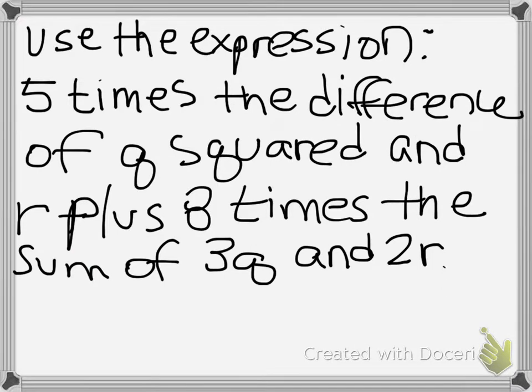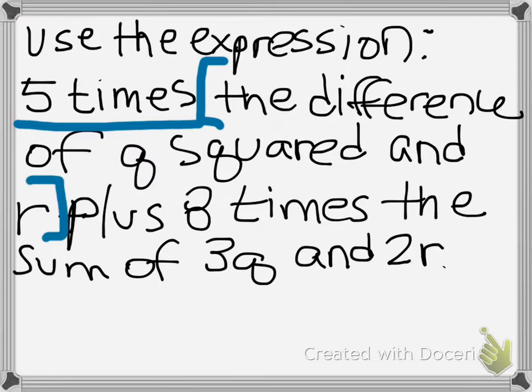So first we're going to write an algebraic expression. So we're going to translate the words into an algebraic expression. So I'm going to start by looking for some keywords. We have 5 times. Okay, if I'm going to do 5 times, and then I have the difference of q squared and r, I'm going to put that into parentheses because it's a grouping. So I have 5 times the difference of q squared and r.